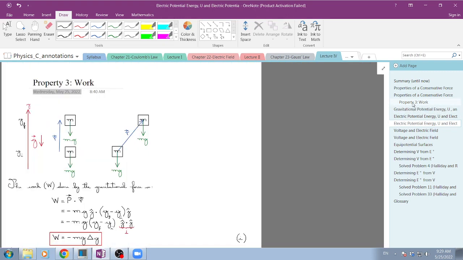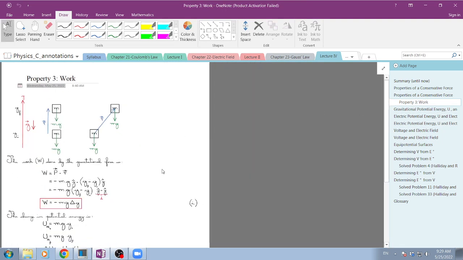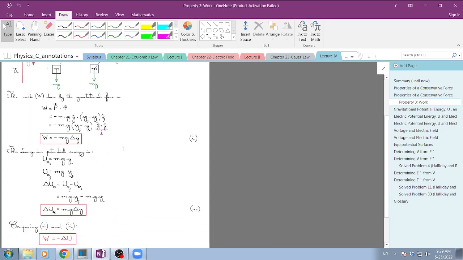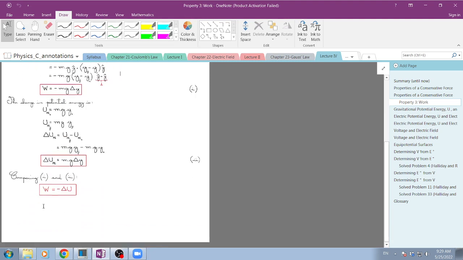I proved this here, guys. Look, I'm not going to prove it now because we don't have much time. So I'm not going to prove property 3, but one of the consequences of property 3 is that the work for a conservative field is just minus the variation of the energy, the potential energy in this case.